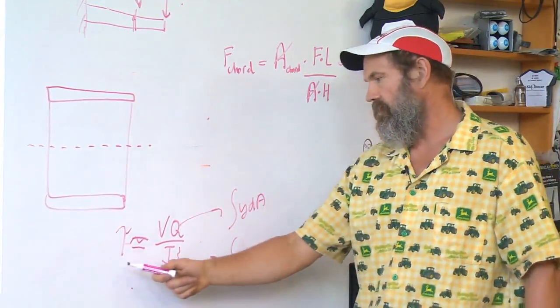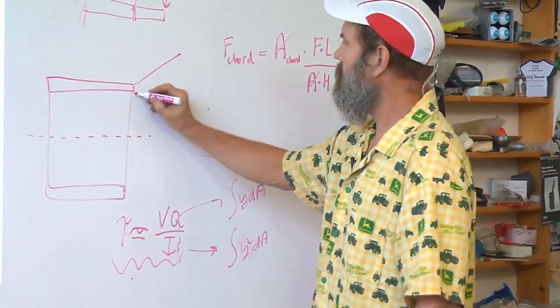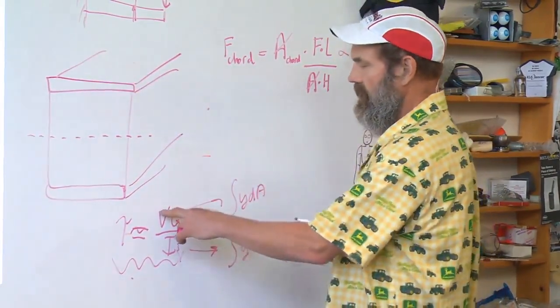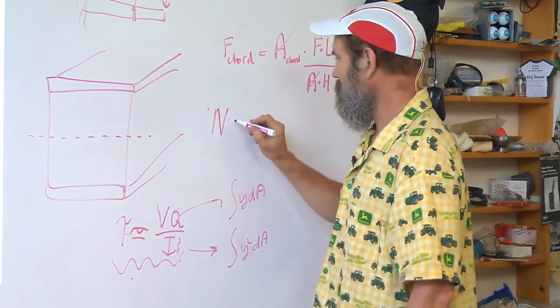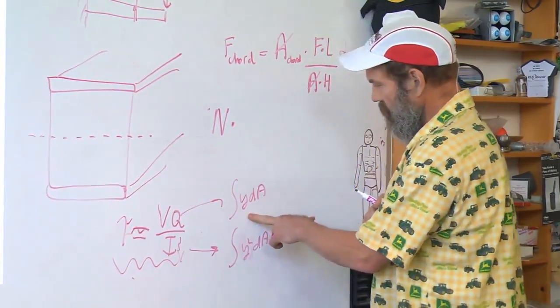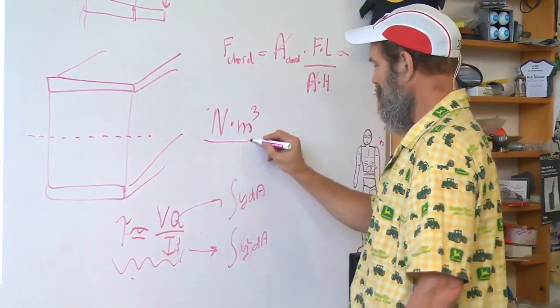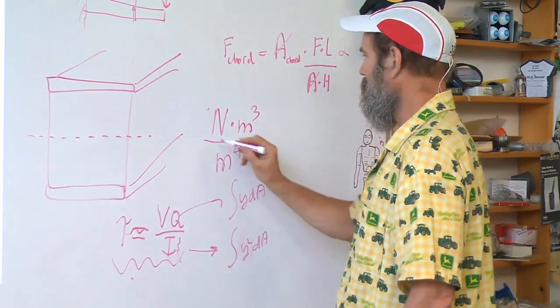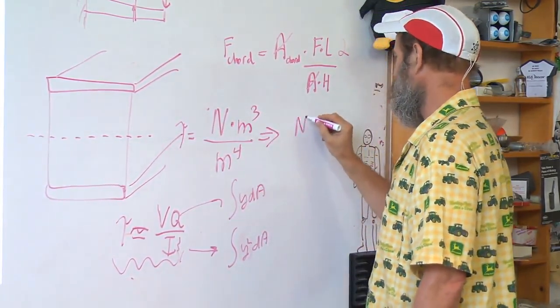Now let's look at the units here. If V is units of newtons, and we said this is the first moment of area, this is going to be meters cubed, and this is going to be meters to the fourth, which would imply that the shear stress is newtons per meter.